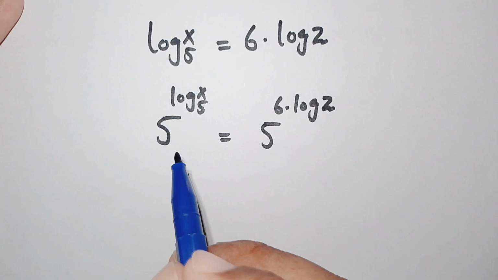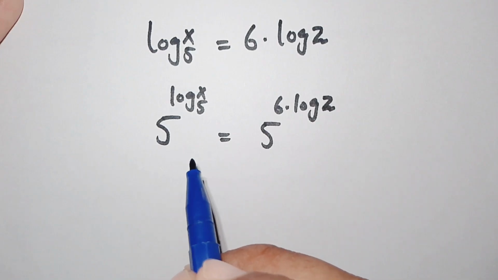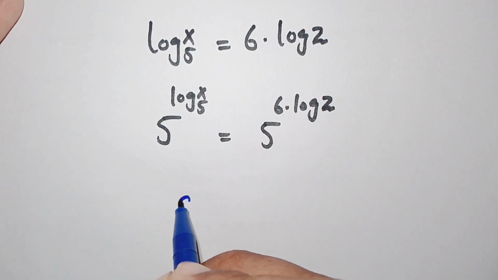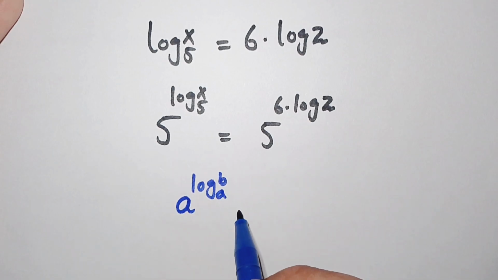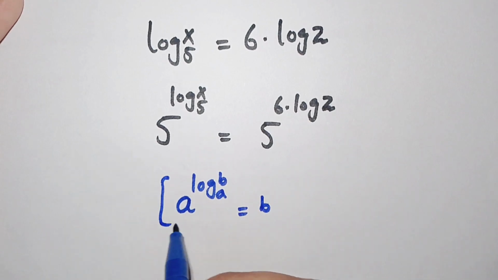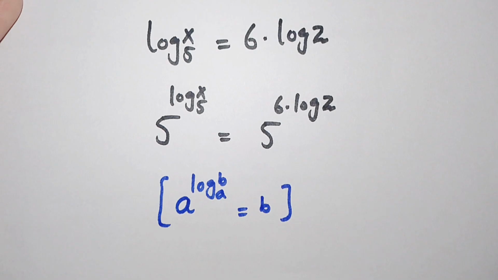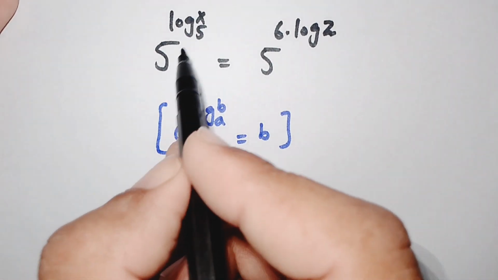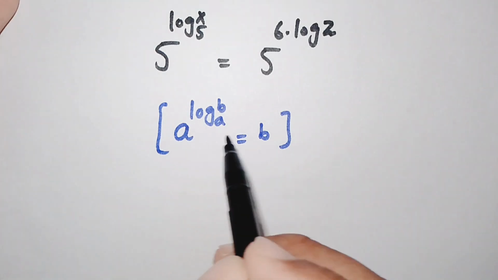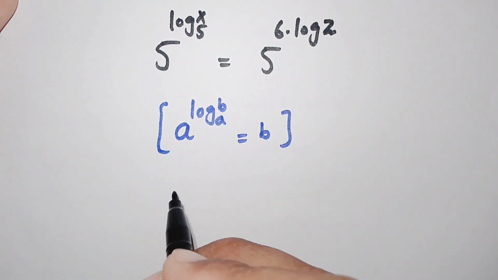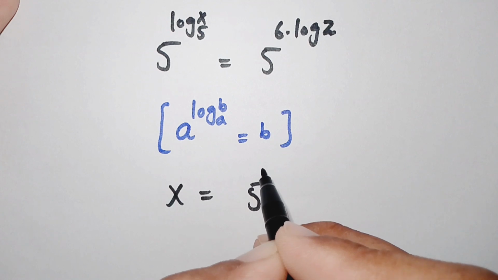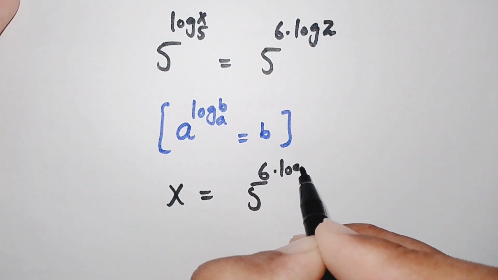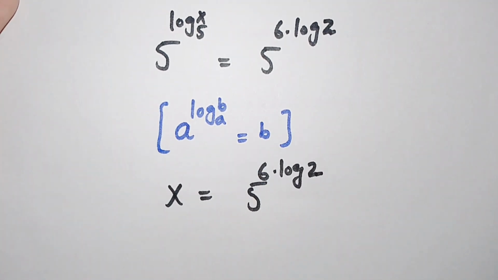Now again we use this logarithm identity: a to the power of log of b with base a is equal to b. Here b is equal to x, so this is equal to x. So x is equal to 5 to the power of 6 times log of 2.